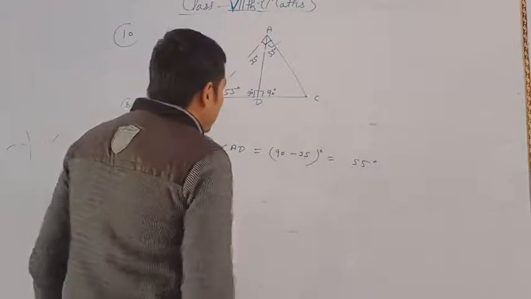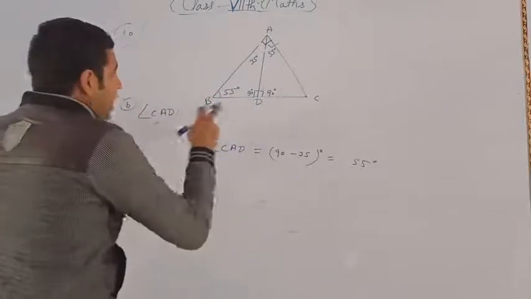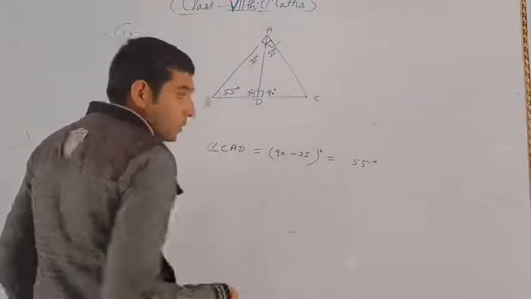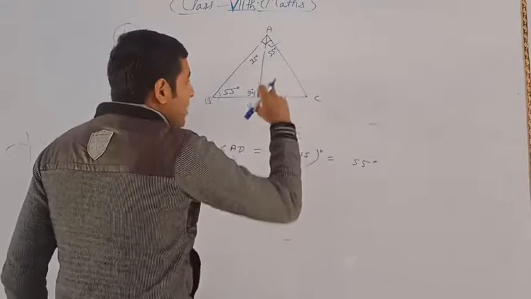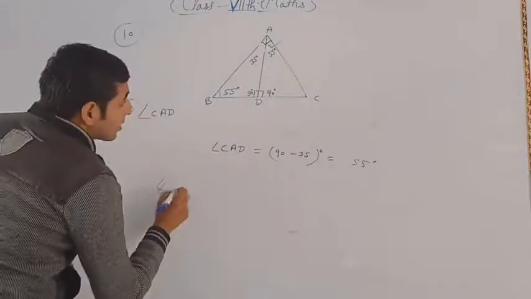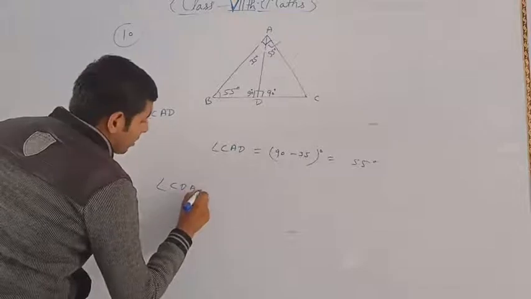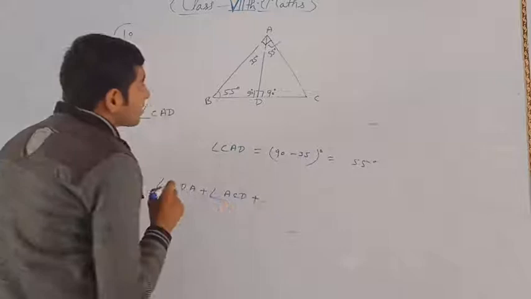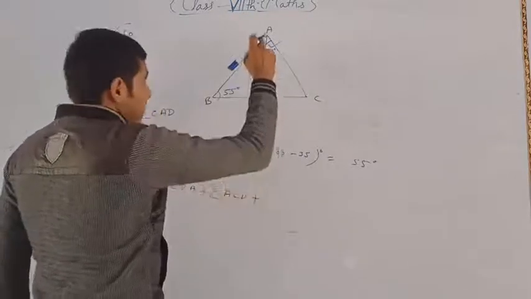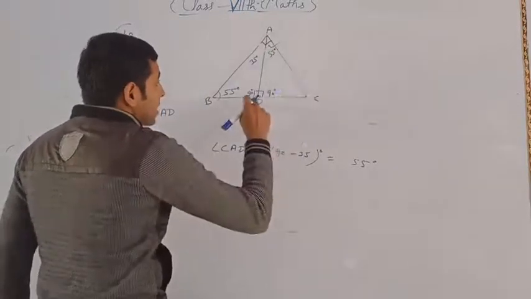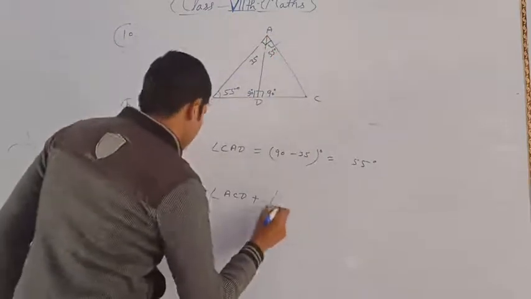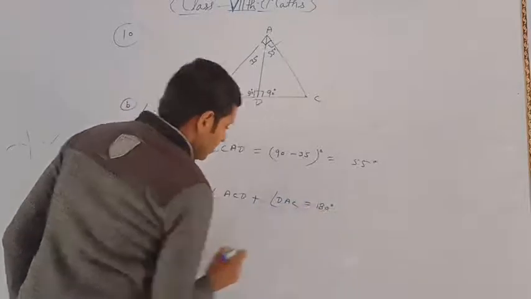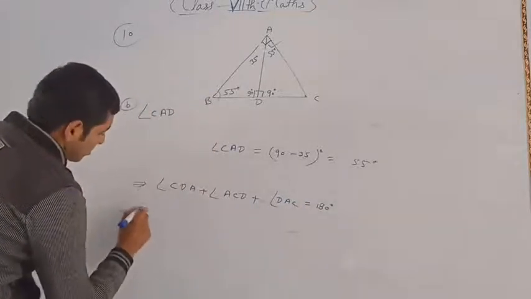Okay, now again we have to find CAD. So from here we know by the triangle property that angle CDA plus angle ACD plus angle DAC is equal to 180 degrees.